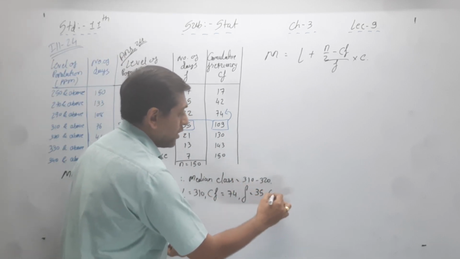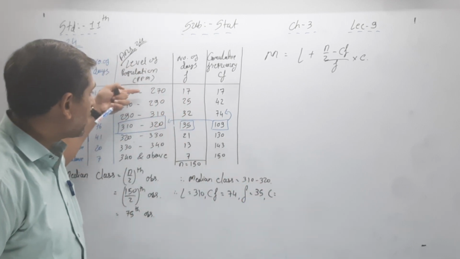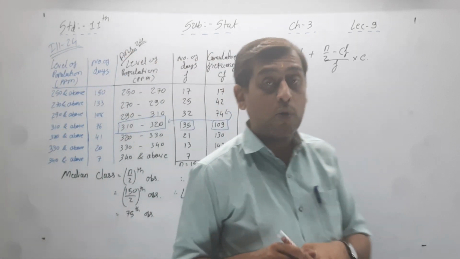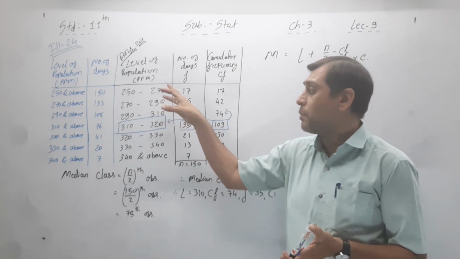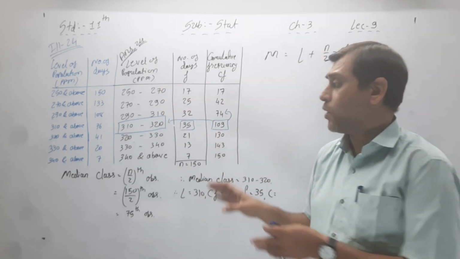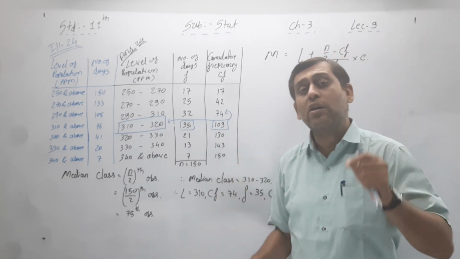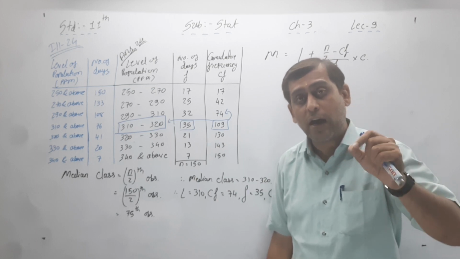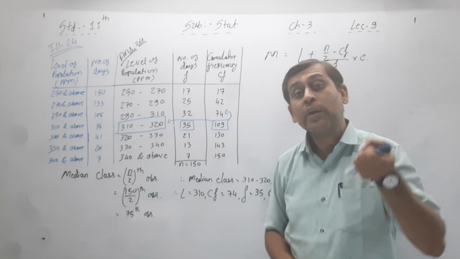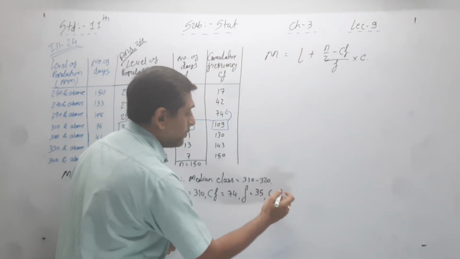And C is the class length. What is the class length? Here the class length is 20, 20, 20, here the class length is 10, 10, 10. But whenever you have to find the median, it doesn't matter what the class length is in any other class. Median is only connected with the median class length. The median class is 310 to 320, so the class length is only 10. You have to write C is equal to 10.